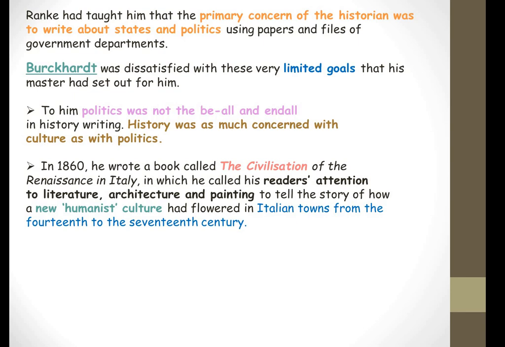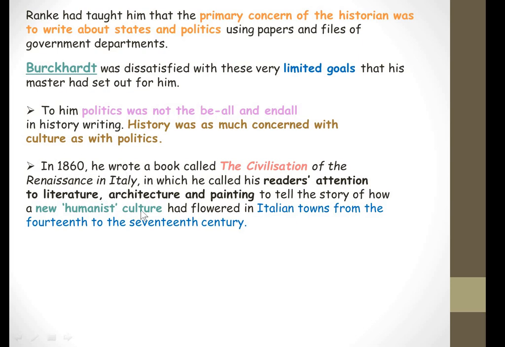According to Burckhardt, politics was not the be-all and end-all of history writing. There was something more. You should not rely completely on politics. It was just a part of history. History was as much concerned with culture as with politics. It was a combination of everything, not only politics.